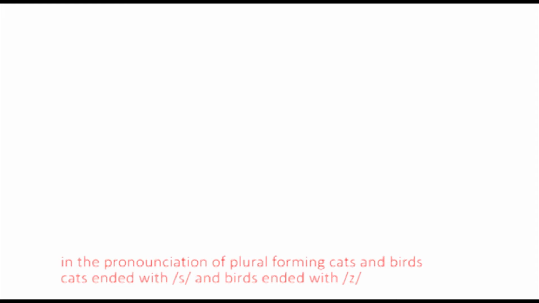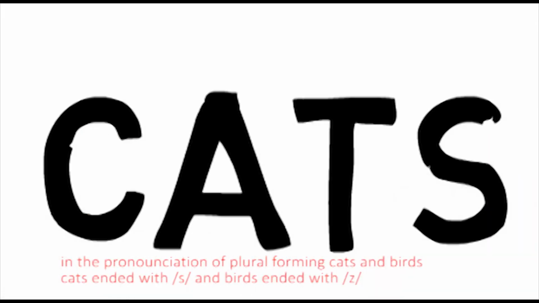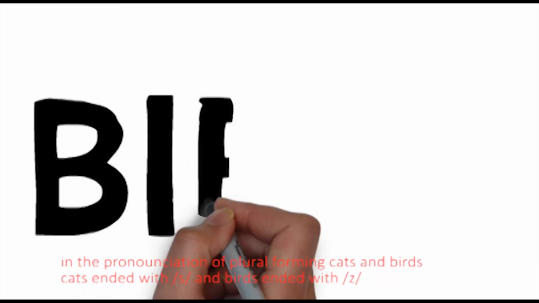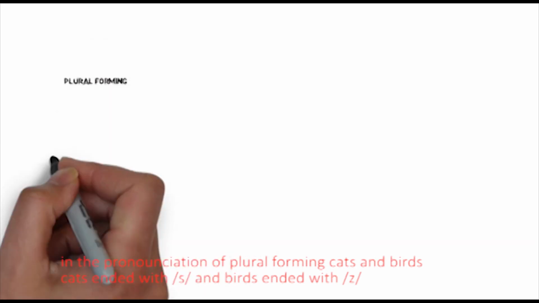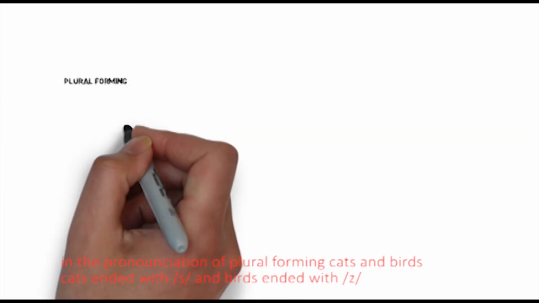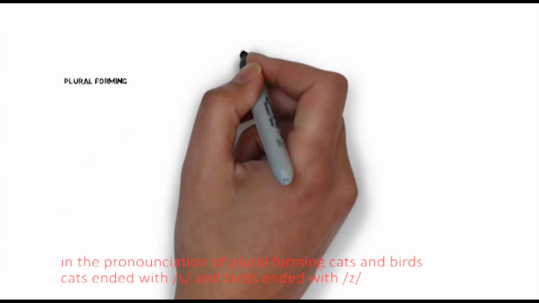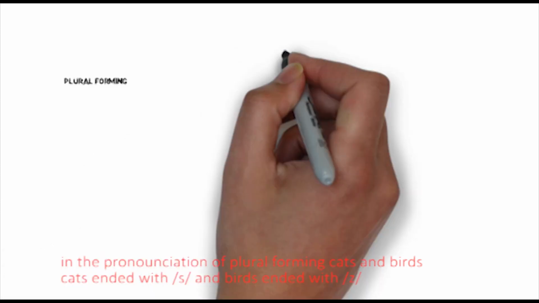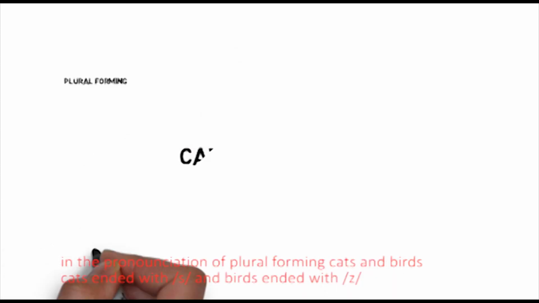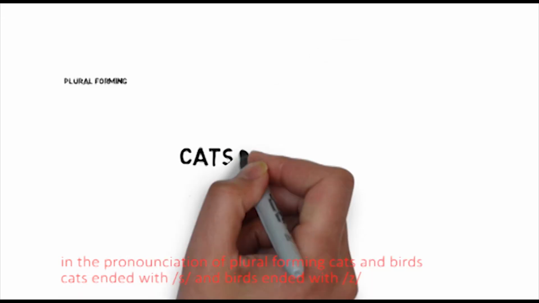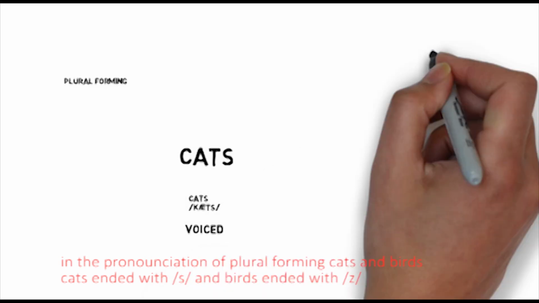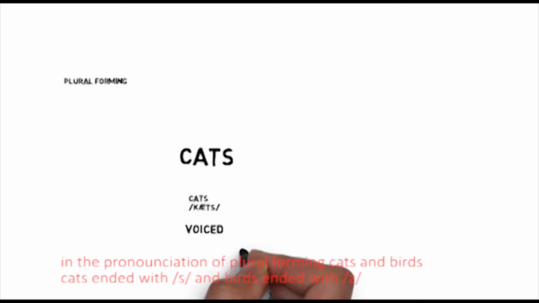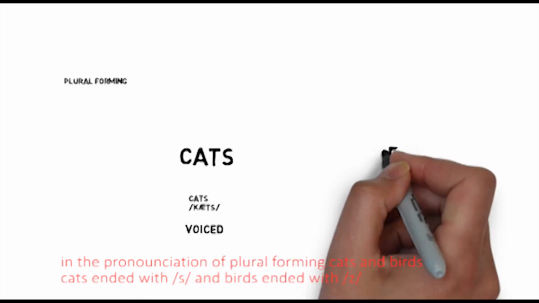Here, as you can see, in the pronunciation of cats, you pronounce the plural form of cat as cats with an S, and it is a voiceless sound. But in the pronunciation of birds, you pronounce it with the last letter as Z, and it is a voiced sound.